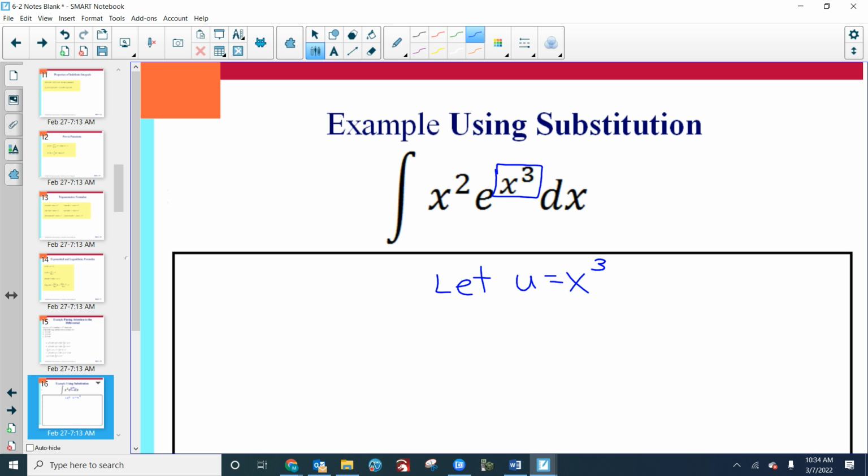Now, what are we doing here? We're going to convert this integrand from x's into u's. We're going to make it easier. So we're going to have e to the u because we're letting u equal x cubed. But we also need to know what du dx is. Now, you're just going to have to trust me for a couple minutes.